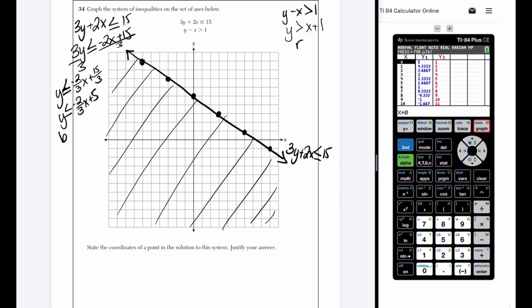Starting off, I want the points 0, 1. When x is 0, y is 1. So that's easy enough. And then this one is just increasing by 1.